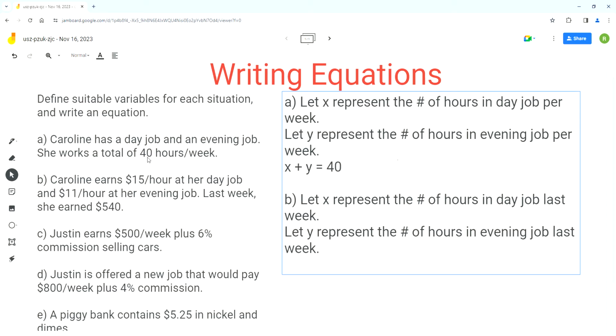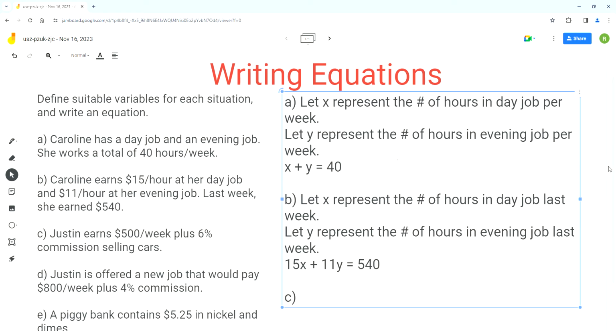Now if she worked x hours in day job last week, that means the total amount of money she'll make in those x hours is 15x because she earned $15 per hour. And then in her evening job, she would earn 11y because $11 is what she earns per hour. And then the total of these two amounts should be equal to 540 because that's the total amount of money she earned last week. So this should be the final answer for part B.